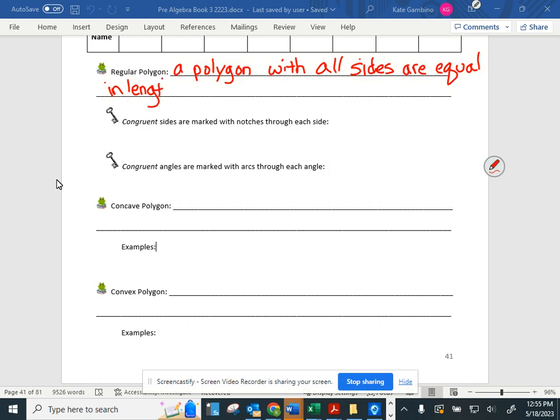So yeah, there's two lines for a reason. All sides are equal in length, and this is important because all sides are equal, all angles are equal in measure. So it's important to know not only are the sides all the same length, but the angles are all congruent. The angles all equal.